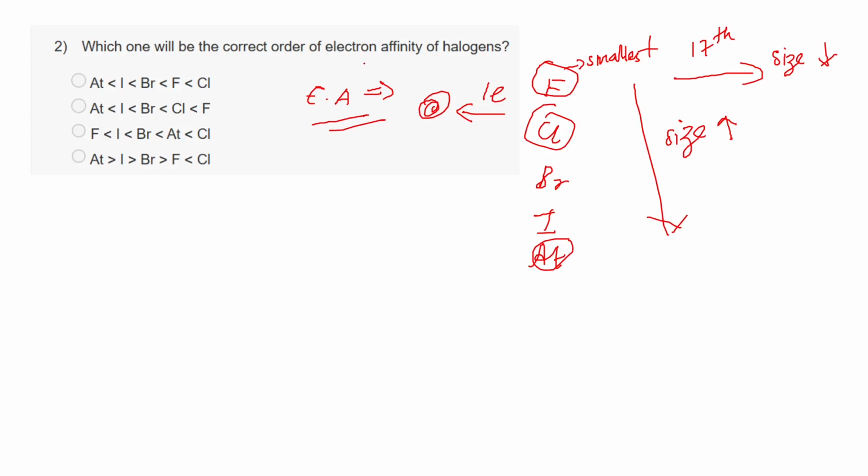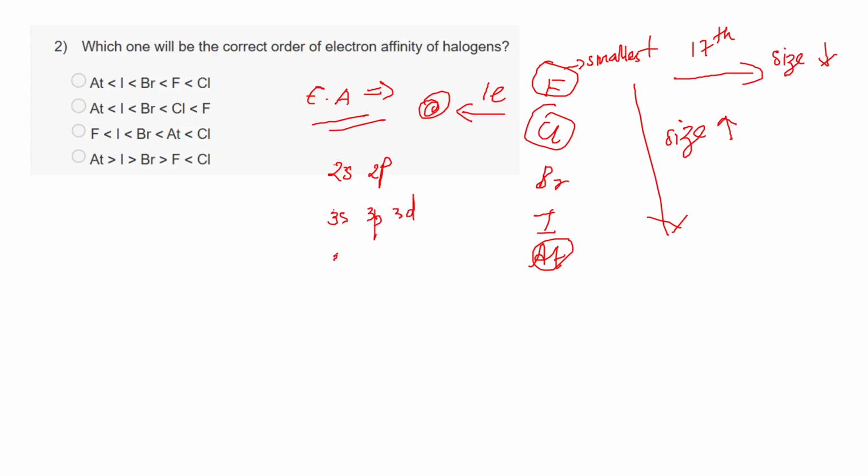So in this case, we naturally expect that since fluorine is more electronegative than chlorine, it is also small. Because of that, fluorine might be having the highest electron affinity. But here it is not the case, because fluorine, as you know, has 2s and 2p, that is the second shell. Then chlorine will have 3s, 3p, 3d, and so on.